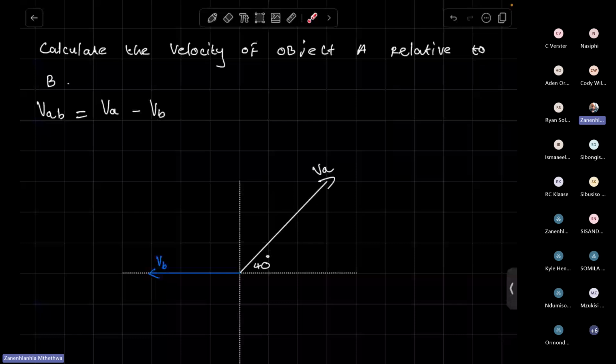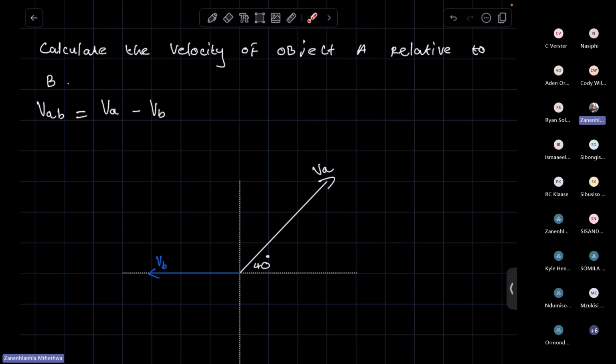Remember, you are only able to apply conditions of equilibrium if your vectors align with your axis. So by that I mean your vectors should either be parallel to the y-axis or parallel to the x-axis.